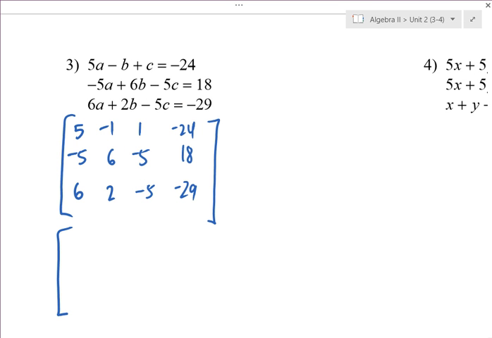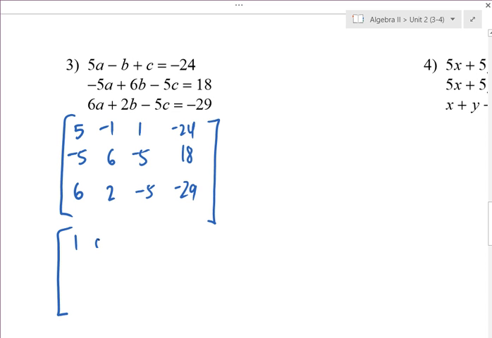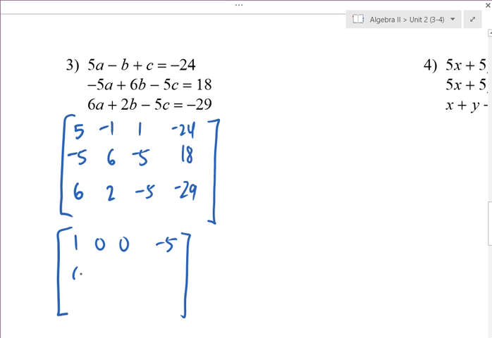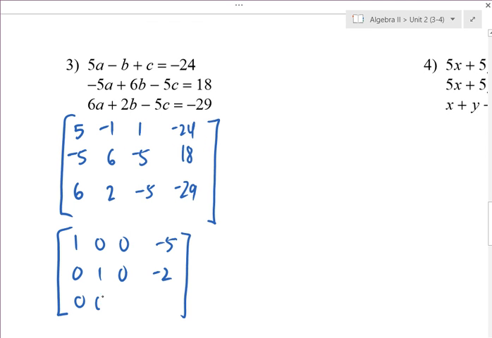So in reduced row echelon form, it's 1, 0, 0, negative 5, 0, 1, 0, negative 2, and 0, 0, 1, negative 1. Okay?